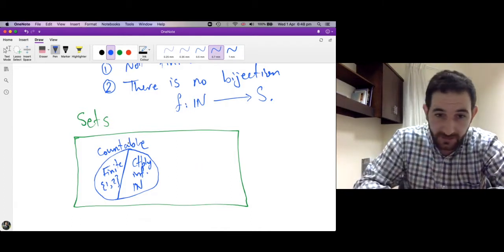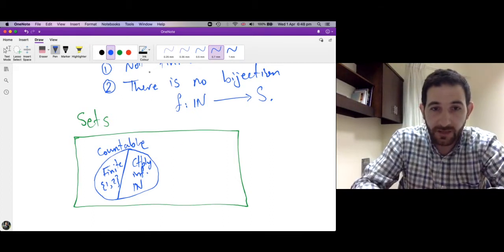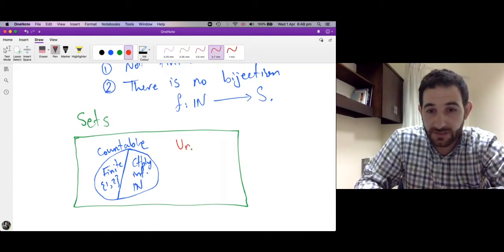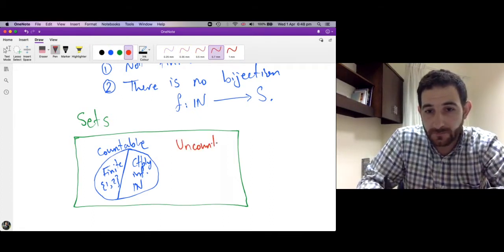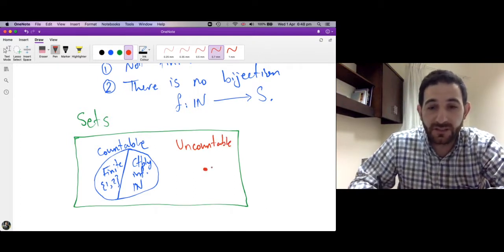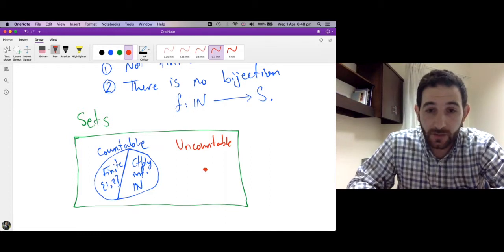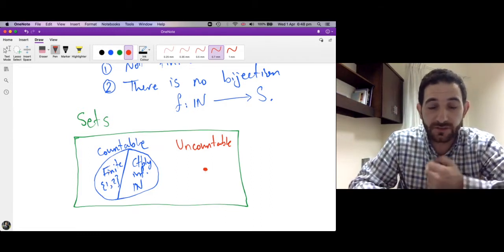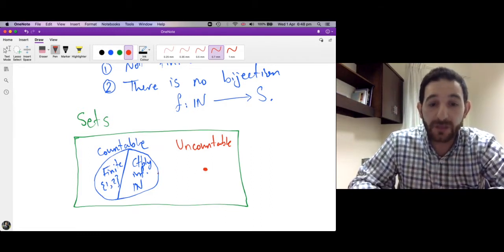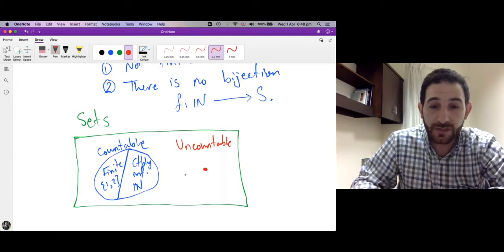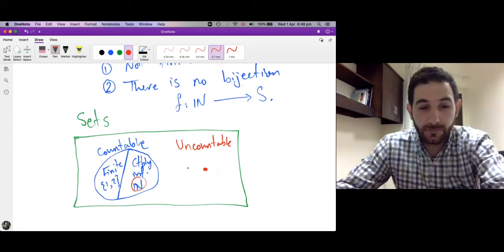And now outside this circle, the countable sets, we have the uncountable sets. We still don't know if there is an uncountable set, but if there is one, then this set is not finite, so it's infinite, and we cannot list its elements. We cannot put it in bijection with the natural numbers.